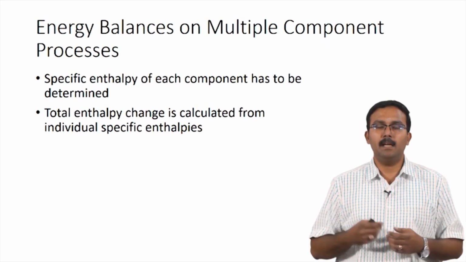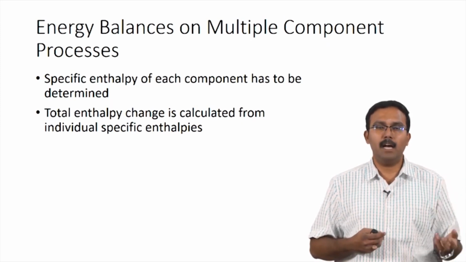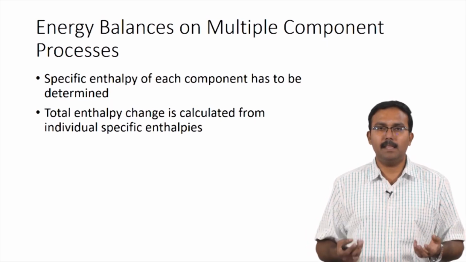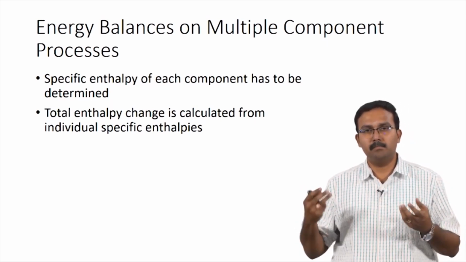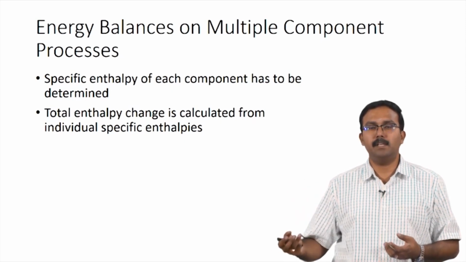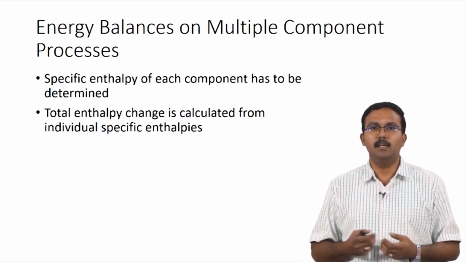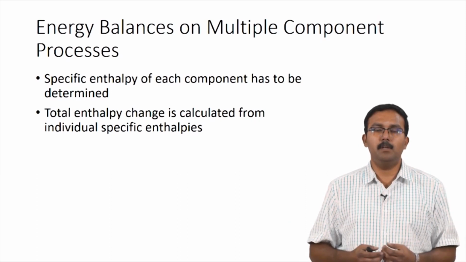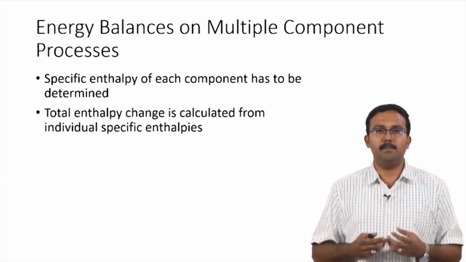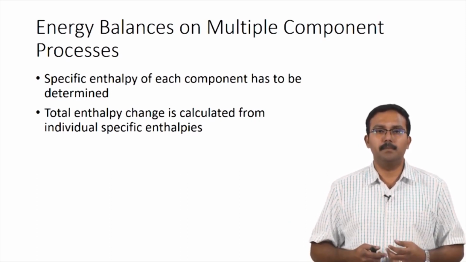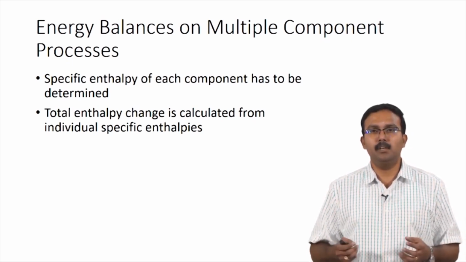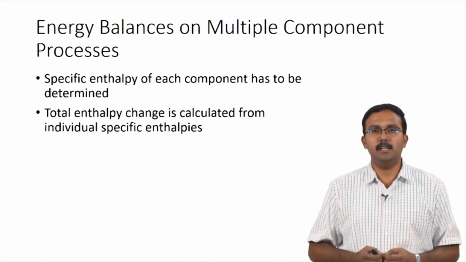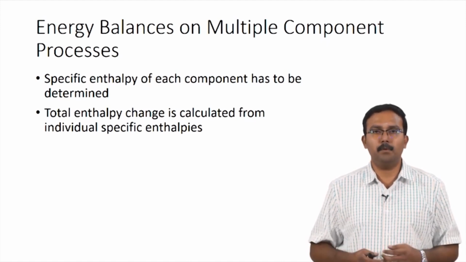The enthalpy can be calculated as the mass of the individual component times its specific enthalpy, plus the mass of the second component times the specific enthalpy of the second component, and so on. Based on this, we would be able to calculate the total enthalpy of the system. This is used for performing energy balance calculations in multiple component processes.